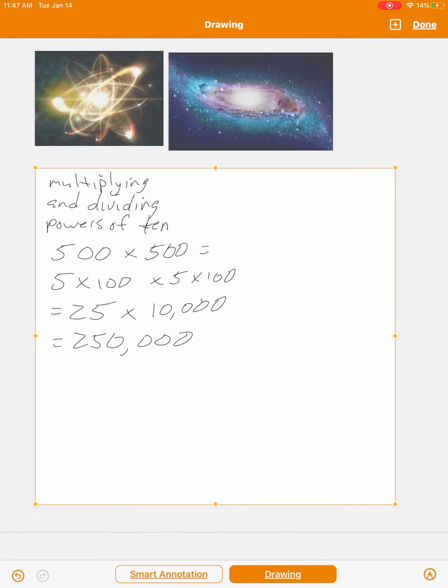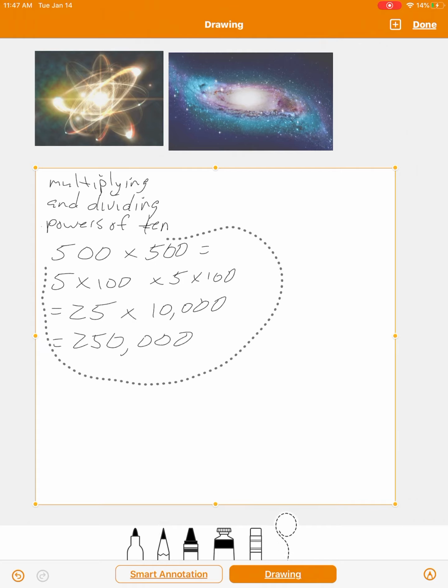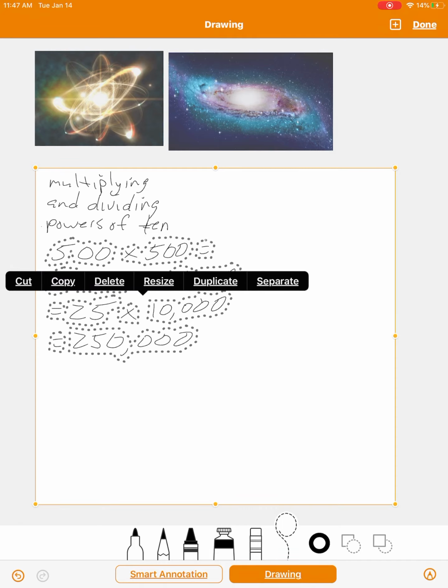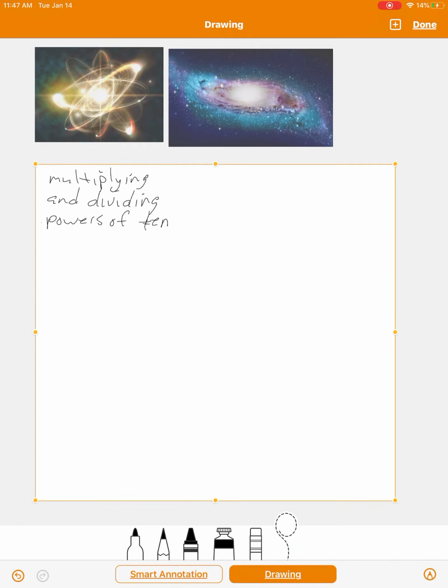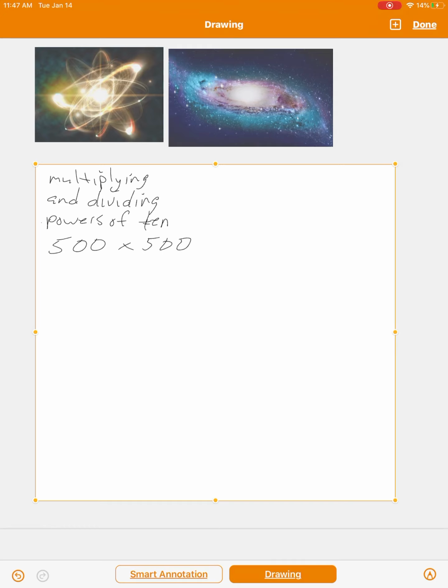But suppose we wanted to do it a slightly different way. Let's come back over here and get rid of doing it this way. Okay, so here's how I'm going to do it. I'm going to say that we've got a number, 500 times 500, and I'm going to put each of these into our scientific notation, our exponential notation. Now, we don't have ones in front, we have fives, but that's a decimal number.